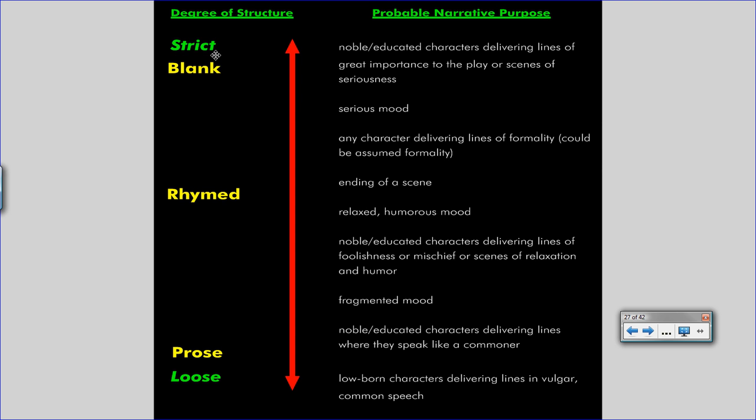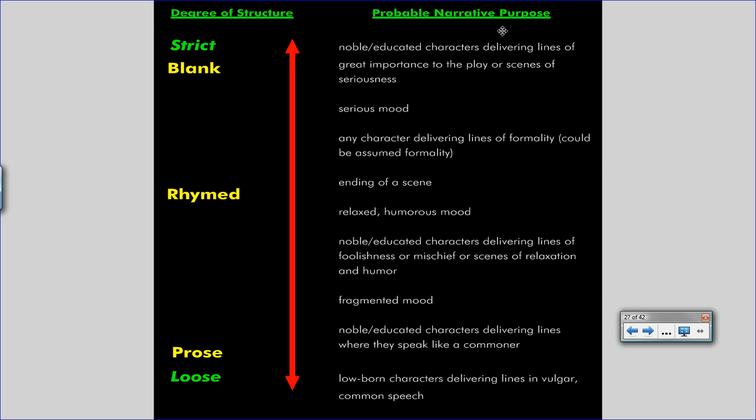And this means iambic pentameter with no rhyme scheme whatsoever: 10 syllables per line, accent on the second syllable of every foot, all the way down here to the loosest prose. This means absolutely no structure whatsoever, no clear structure to the words or the lines. The characters are just speaking without dividing according to syllables, and everything in between.